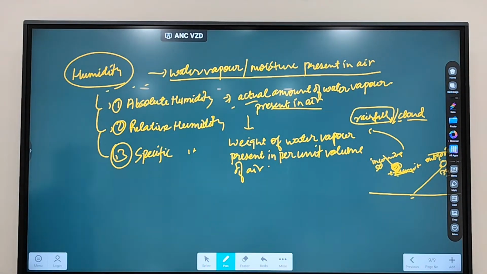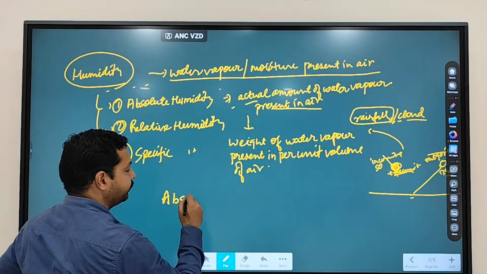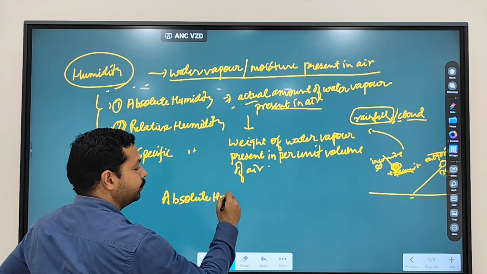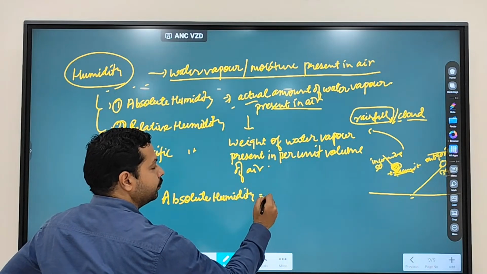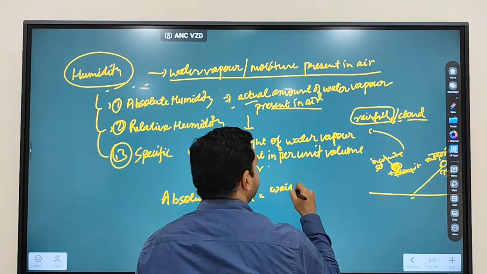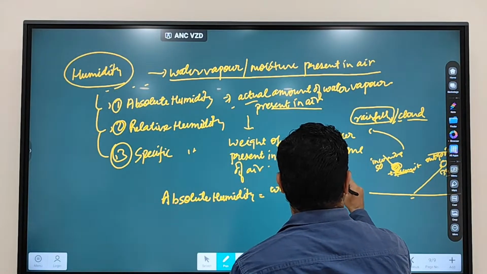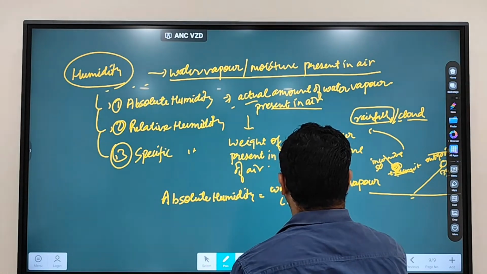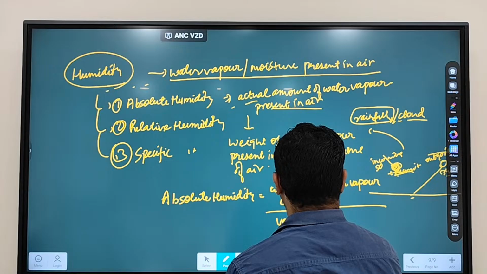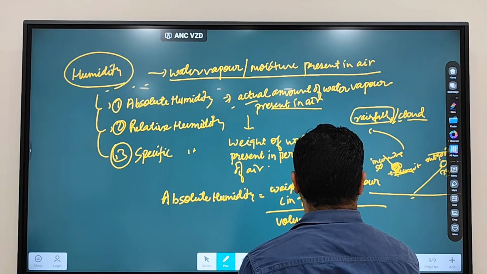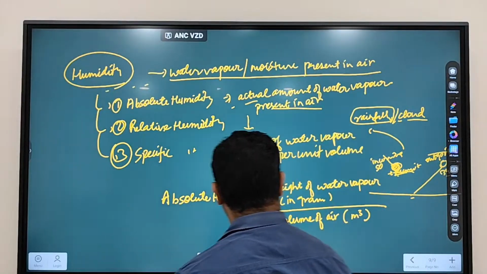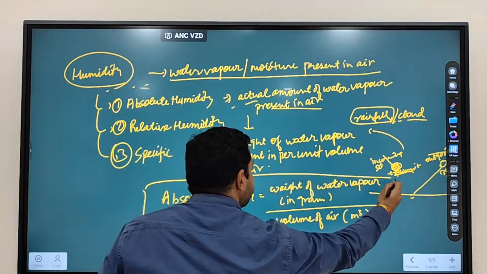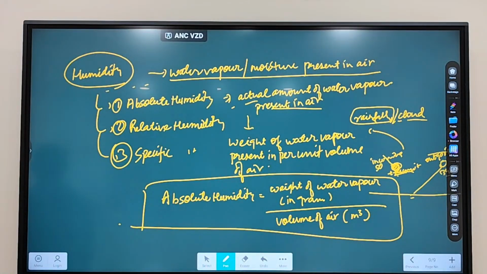So that's why the absolute humidity formula is how we measure the absolute humidity: weight of water vapor in grams divided by volume of air in meter cube.